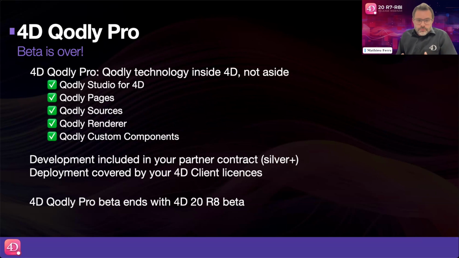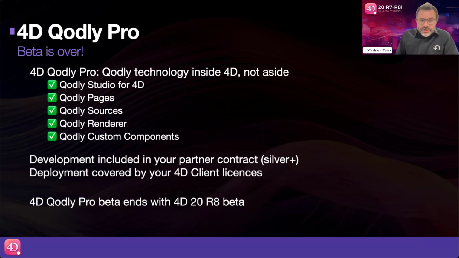But now, with 4D Qodly Pro, you can also create forms for the web, all of this running your 4D application and interacting with your data. Development is included in your partner contract, starting from Silver, and deployment and usage of the final pages is covered by your 4D client licenses. As I said, we still have a few weeks until the R8 beta is over.